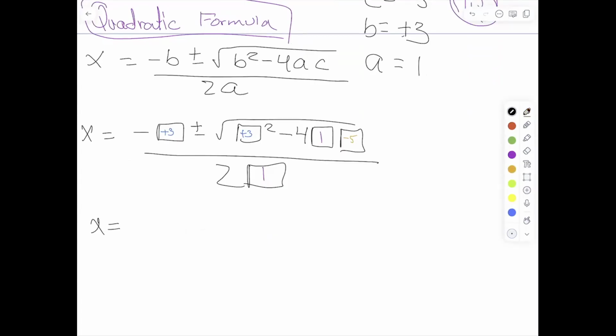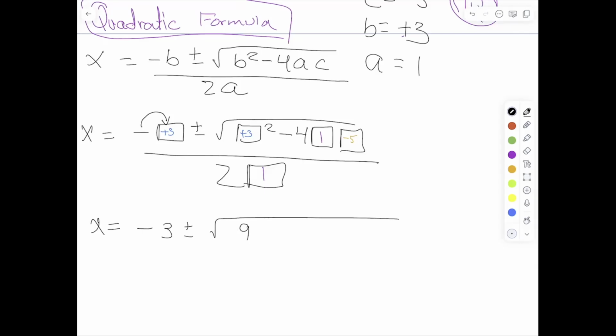X is equal to a negative times a positive is a negative -3, plus or minus the square root of 3 squared. What is 3 squared? 9. I have a -4 times a +1.